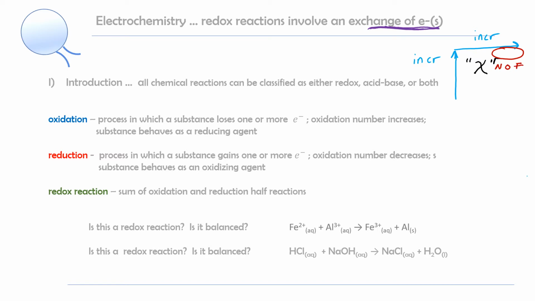And elements on the left side, remember these are your metals, are going to have a tendency to give up electrons. Your more electronegative elements are going to have a greater tendency to take electrons. And so that's going to form the basis of most redox reactions.